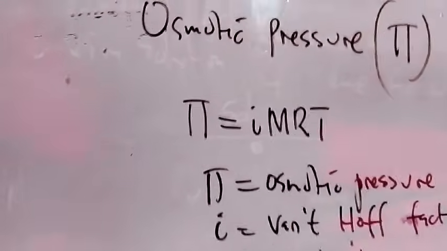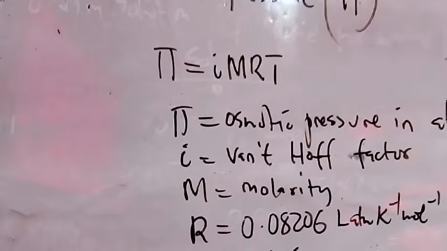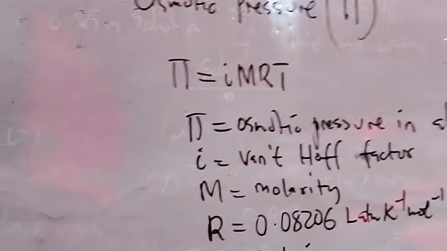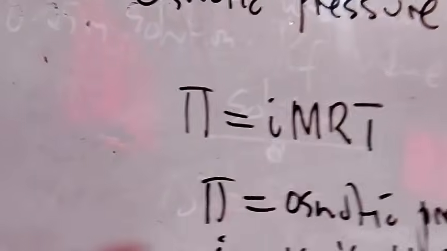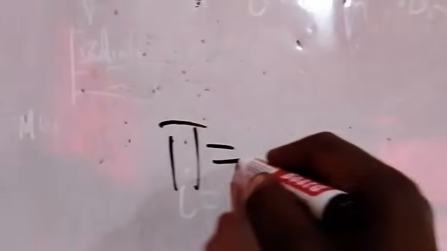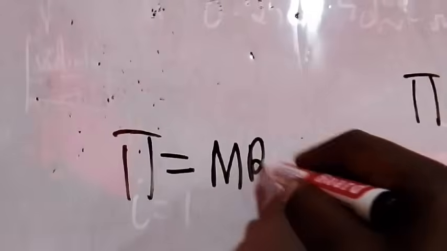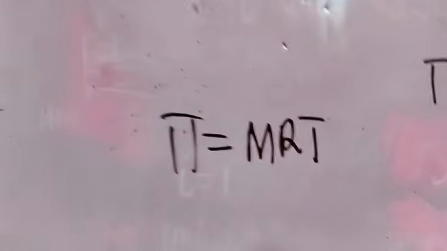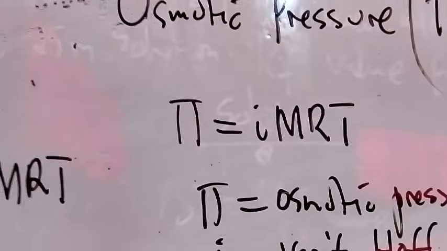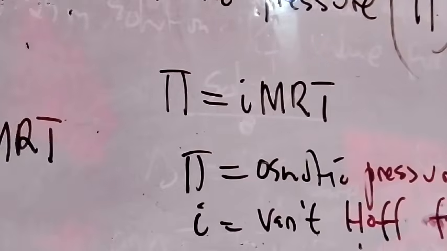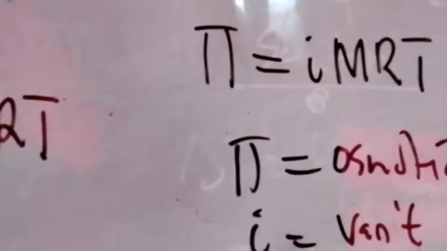That is the formula we shall use for calculating osmotic pressure. You can ignore the i if you are dealing with molecular solids, so it is simply pi is equal to mRT. The i comes into effect if you are dealing with ionic solids.